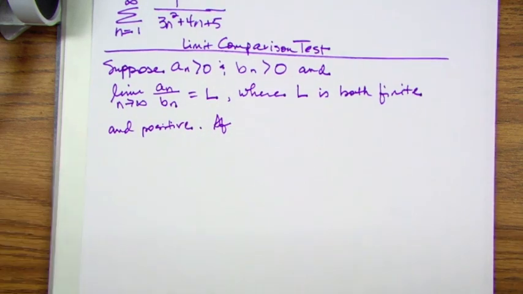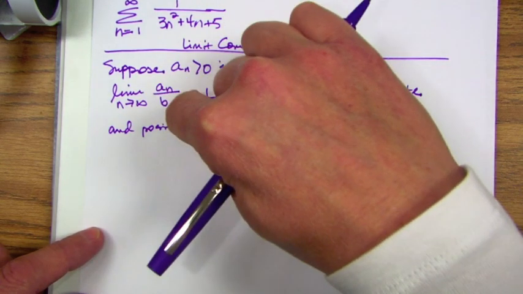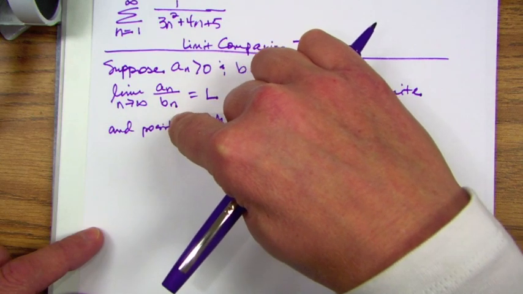So in other words, I have set up a ratio, right? I've got the term generator I was given divided by the term generator I'm comparing it to.